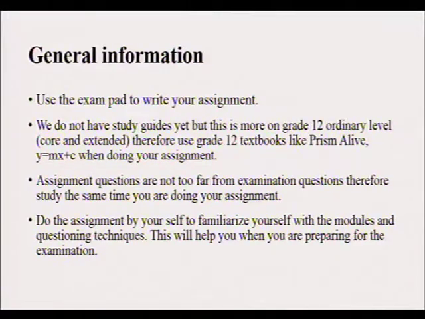We do not have study guides, my students, for Mathematics 5 and Mathematics 6 as well. So you should just use your grade 12 textbooks, because Mathematics 5 and 6 is mostly on grade 12 ordinary level, that is extended and core. They are clear, very nice to use, student friendly.